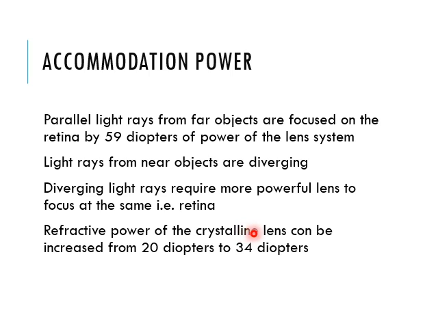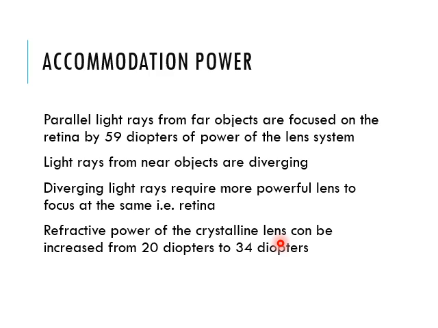Refractive power of the lens, usually this lens is crystalline. When you are young, it is made up of protein substances, which is your crystalline, which is clear, and you can increase your diopteric power from 20 diopters, for example, to 34, that is 14 diopters. You can increase your accommodation power.